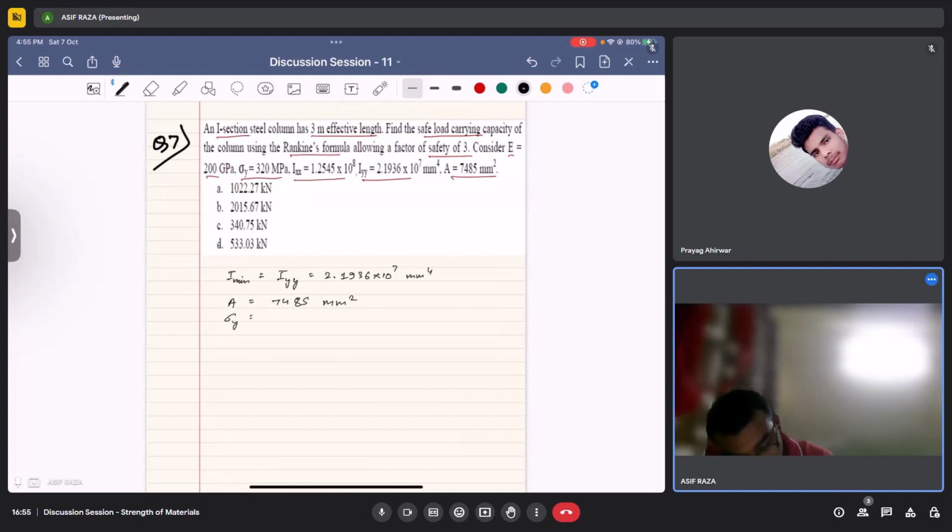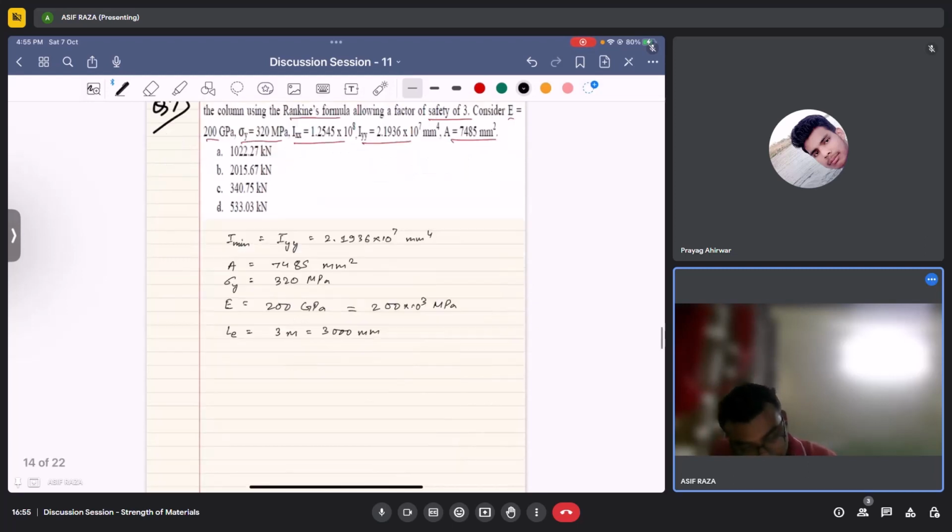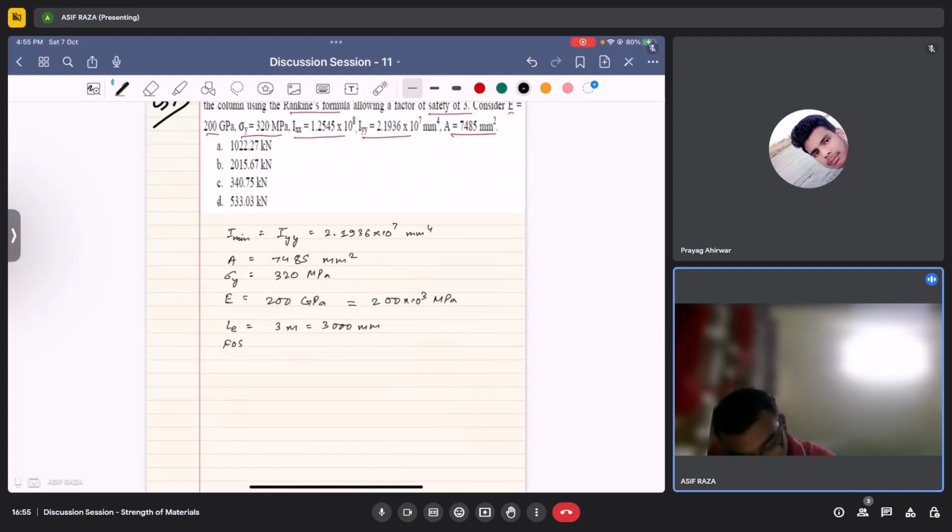The parameters are sigma y is 320 megapascal, E is 200 gigapascal, effective length is given as 3 meter, so I can write it as 3000 mm. I write E as 200 into 10 power 3 megapascal. Also a factor of safety, that I write it as F, and that is given as 3.